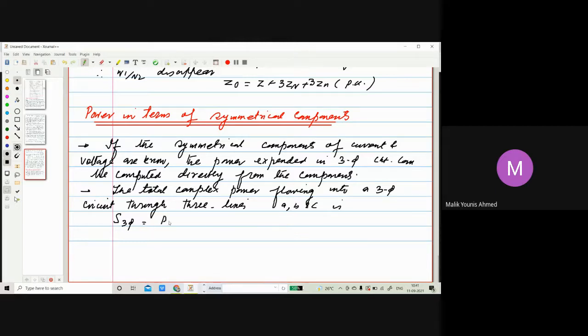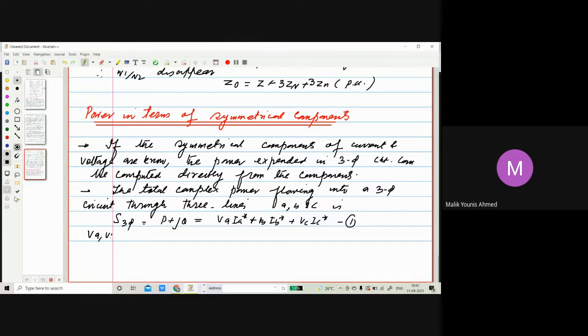We know actual power is real power plus reactive power. That is equal to, we can write, VA IA conjugate, that you know already, plus VB IB conjugate plus VC IC conjugate. Okay, let's say this actual power we are getting from here.